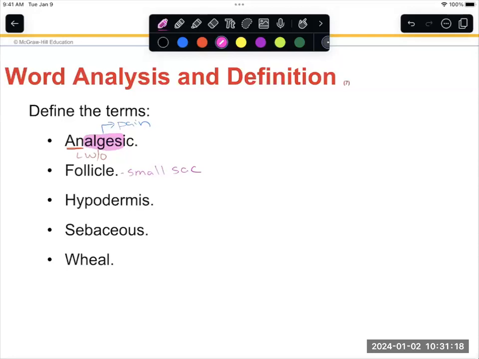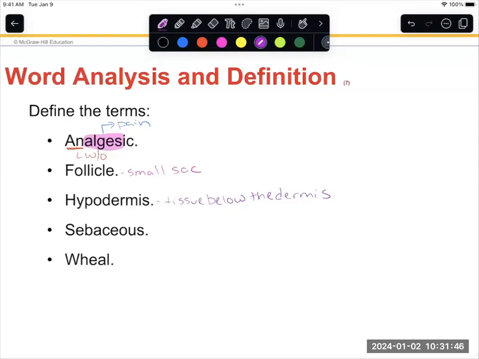Hypodermis. Hypo, that's below, dermis, skin. So this is a tissue layer of skin below the dermis. Then we have our sebaceous glands.